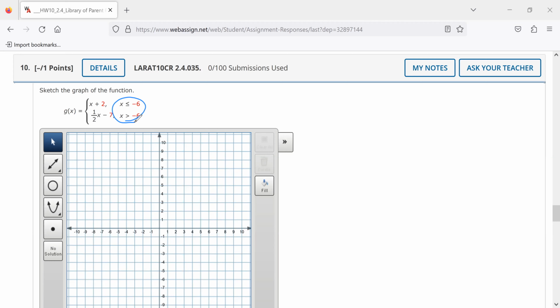So we plug in, well, okay. Plug in -6. We would get, call it F1 and maybe more space than that.